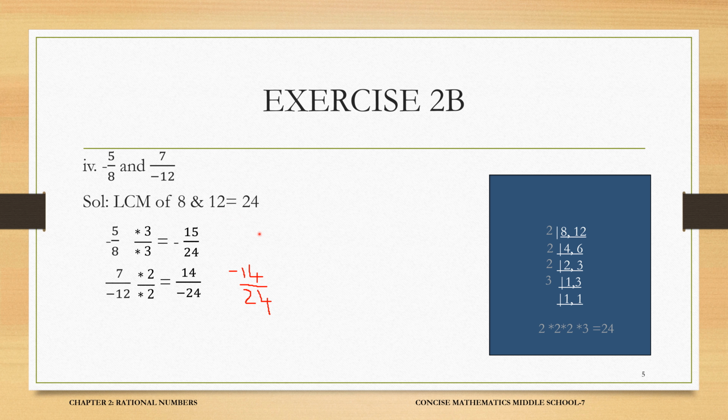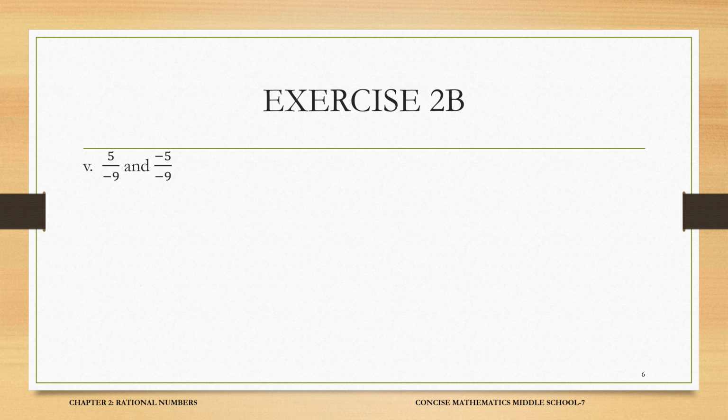Which is the greater number? We all know that minus 14 is greater when compared to minus 15, right? So minus 14 is greater than minus 15. That means minus 5 by 8 is less than 7 by minus 12. Let's move on to the next question, the fifth one.